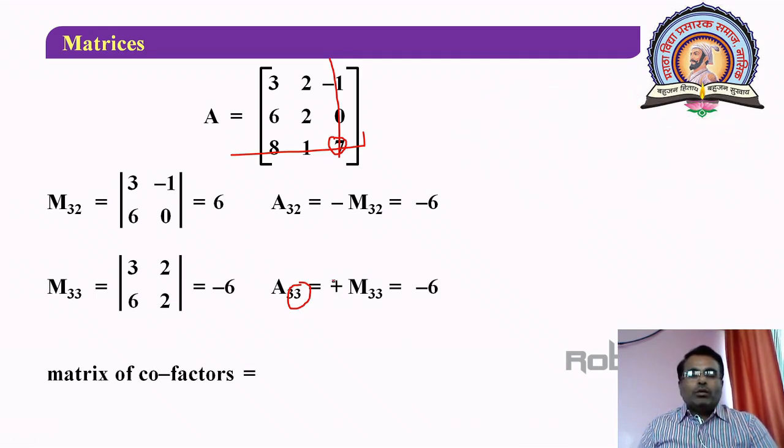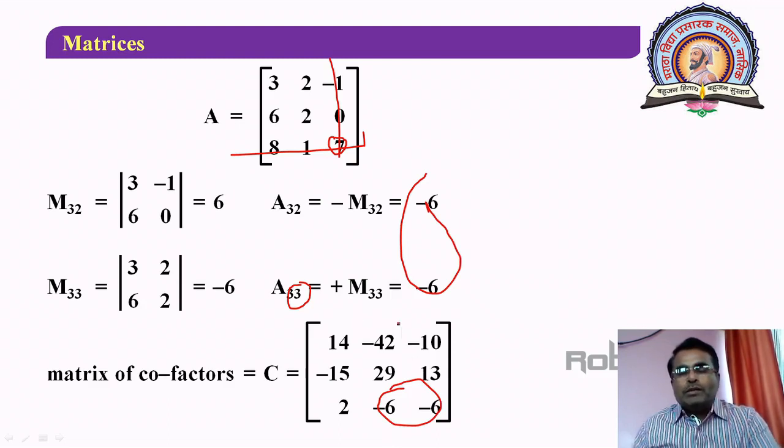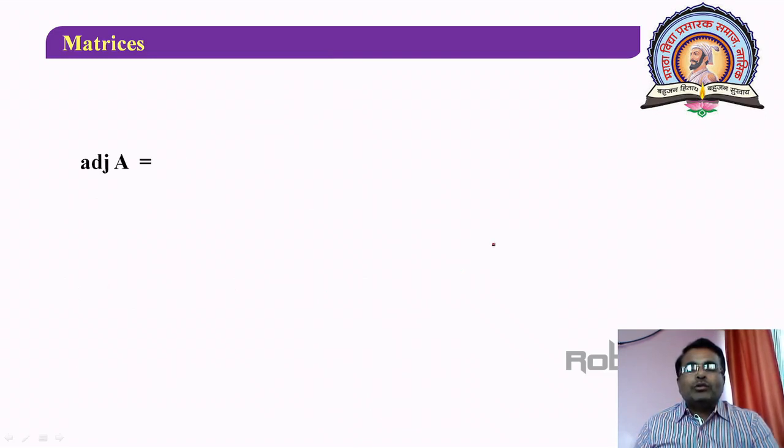Hence we have obtained the matrix of cofactors, just the values we have seen. These are your last two values, minus 6, appearing here. The other values were obtained previously and are written here. Now you have to consider its adjoint. To get the adjoint, you take the transpose of this: the first row 14 minus 42 minus 10 will appear as the first column in the adjoint. So adjoint A is equal to cofactor transpose.